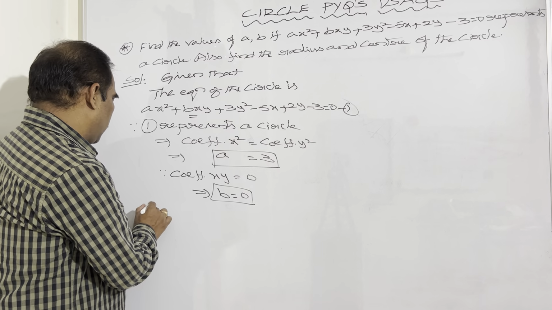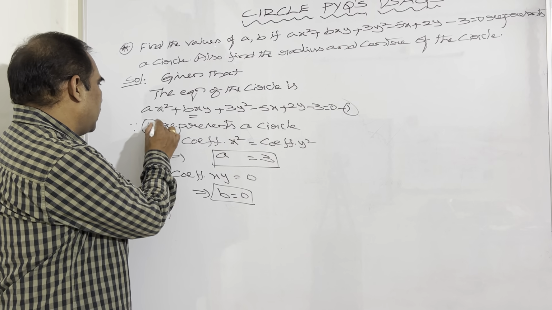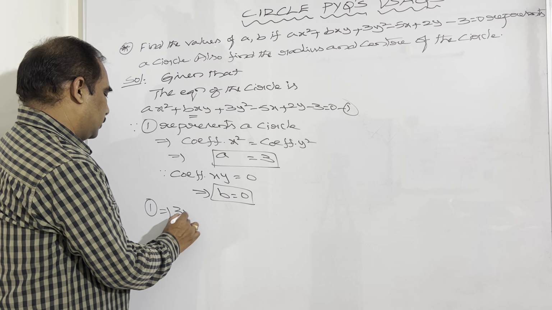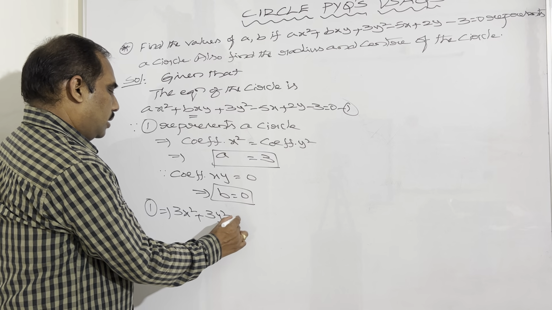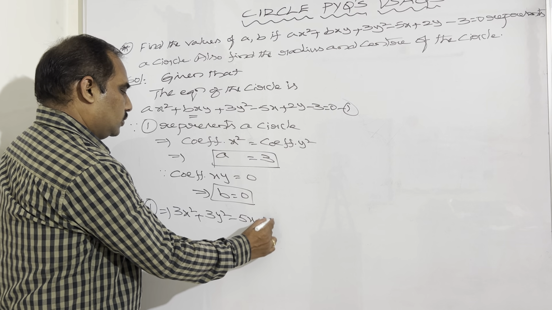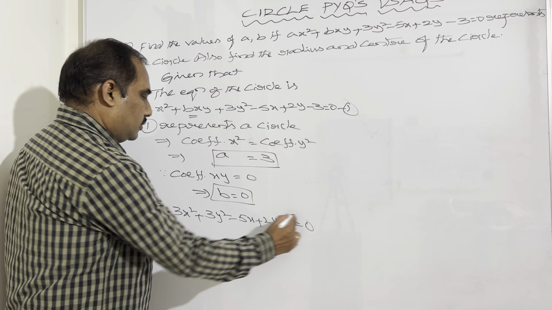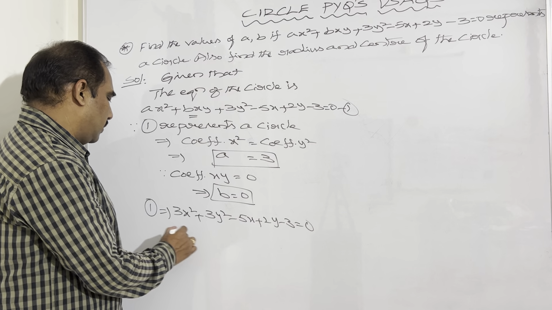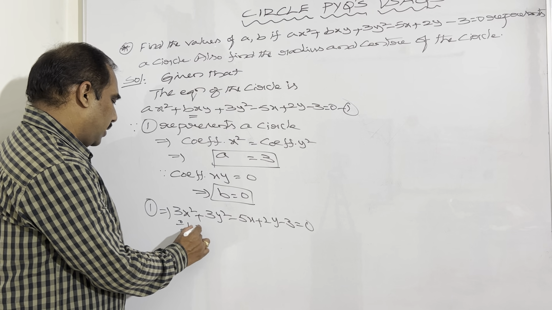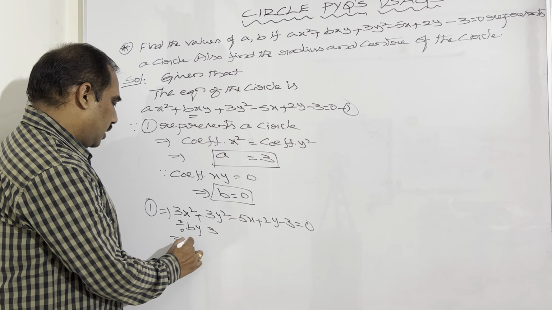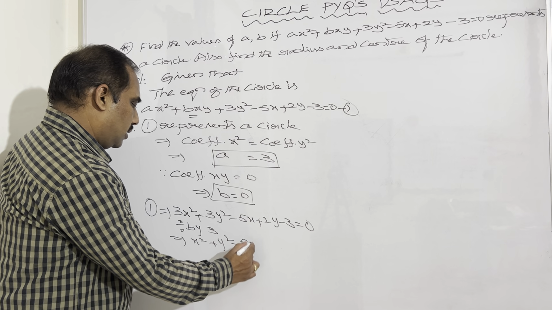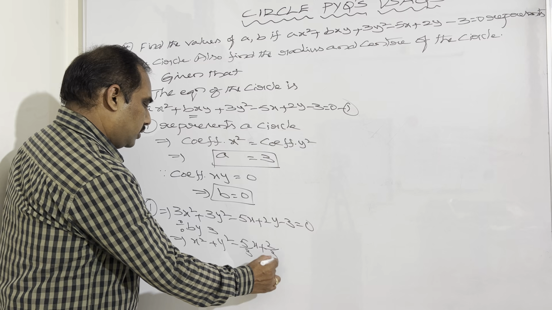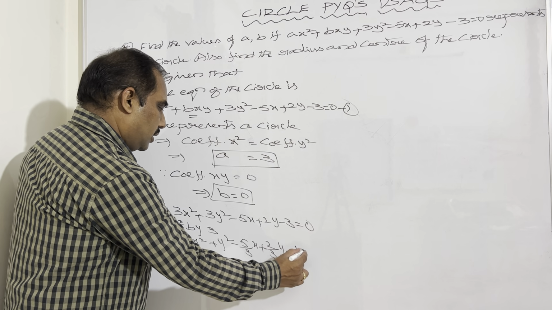Now equation 1 becomes, with a as 3 and b as 0, 3x² + 3y² − 5x + 2y − 3 = 0. To get the general equation form, divide by 3. We get x² + y² − (5/3)x + (2/3)y − 3/3 = 0, which is 1.